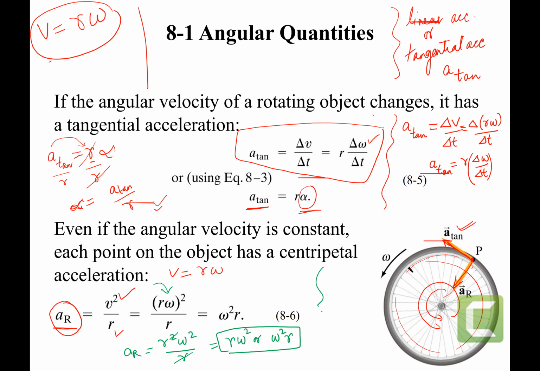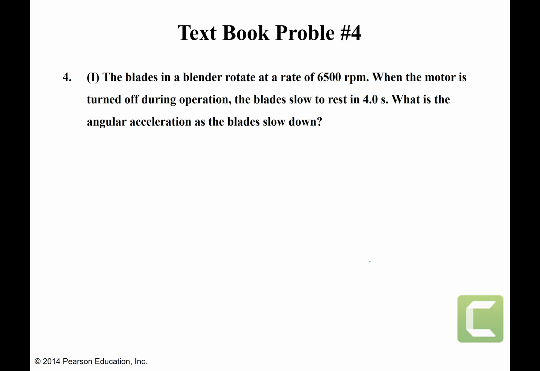So there are three different types of representations you saw for acceleration. A tangential, which is the linear acceleration, R into alpha. Alpha, the angular acceleration, as A tangential over R. And also you saw the radial acceleration, which is the centripetal acceleration, given by omega squared R. So keep that in mind, and we will solve some problems now.